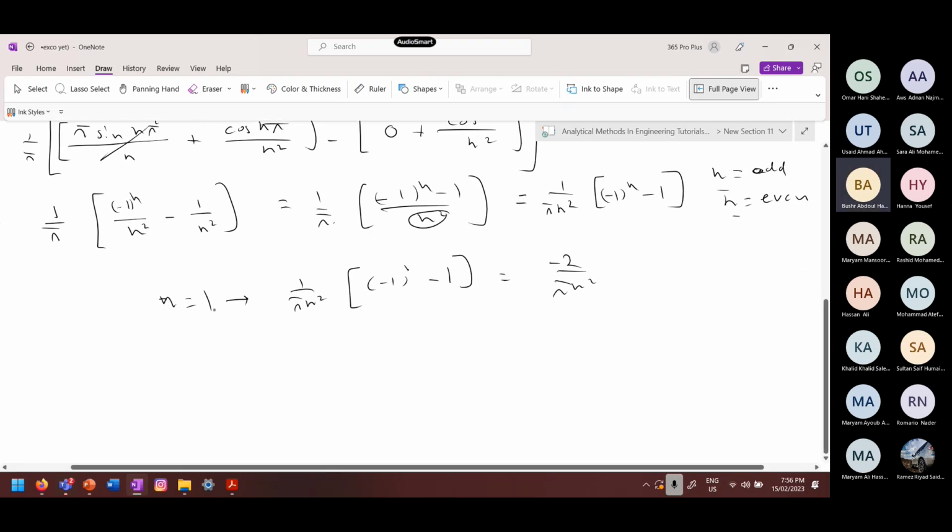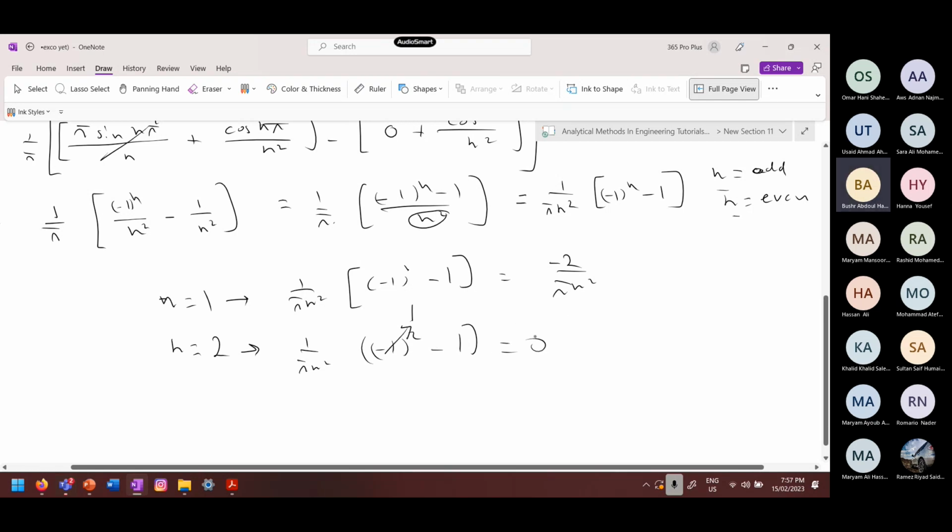So when n is odd, an is equal to -2 over pi n squared. When n is even, use 2: 1 over pi n squared, (-1) squared minus 1. (-1) squared is basically 1. 1 minus 1 is 0.